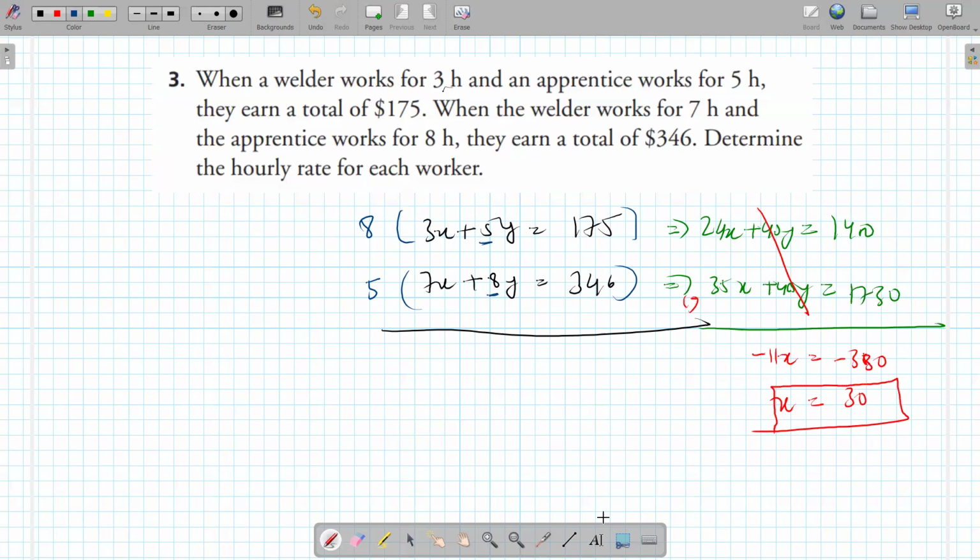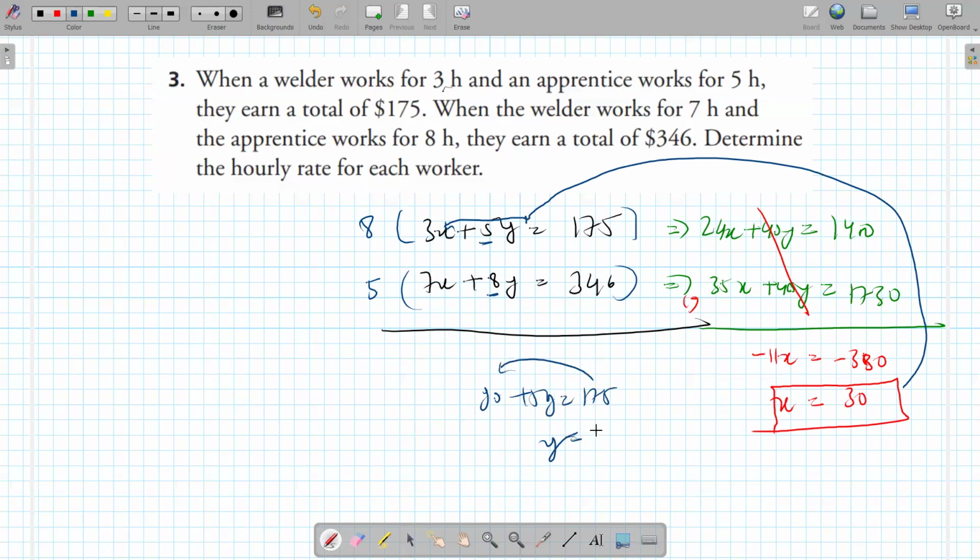How do we find y if we know x? Just plug it in. You can plug it into any one of them. I'm going to plug in x here. So this becomes 90 plus 5y equals 175. So y is 175 minus 90 divided by 15.